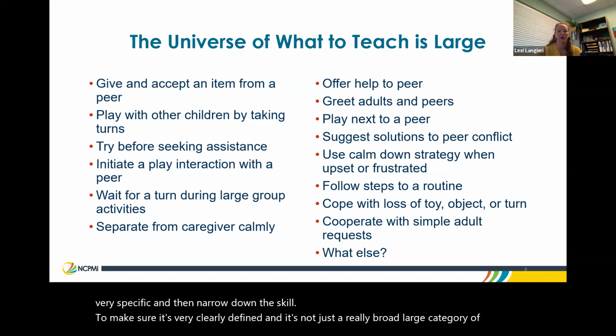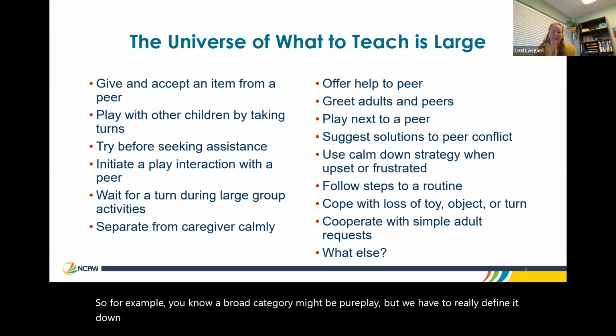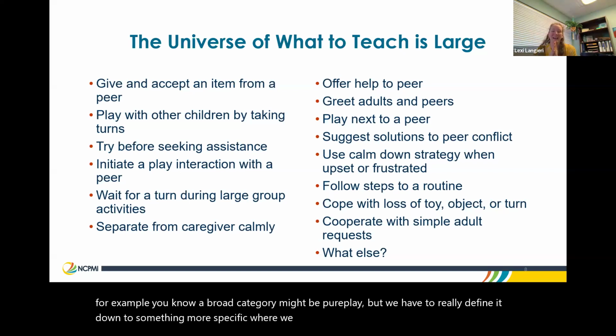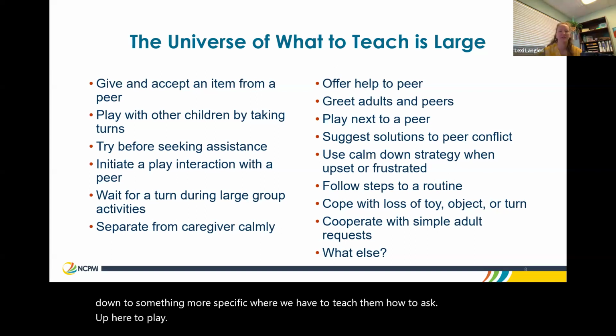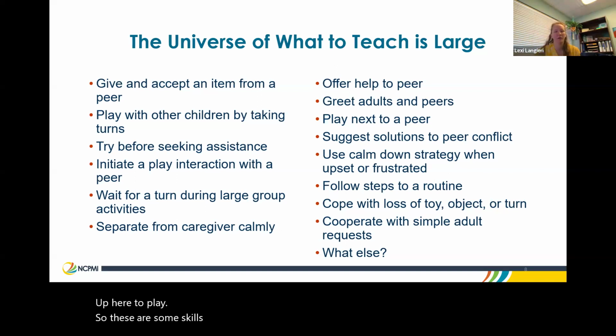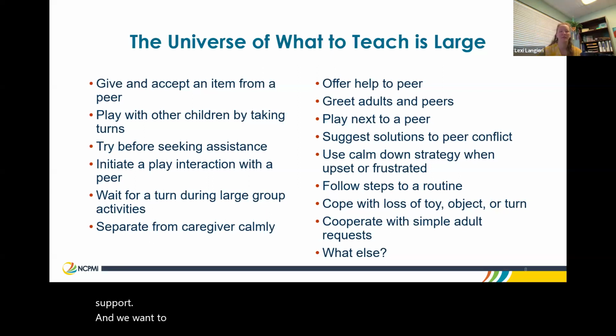For example, a broad category might be peer play, but we have to really define it down to something more specific, where we teach them how to ask a peer to play. So these are some skills that we might choose from with the children that we're trying to support. And we want to make sure we identify very specific strategies for that as well.